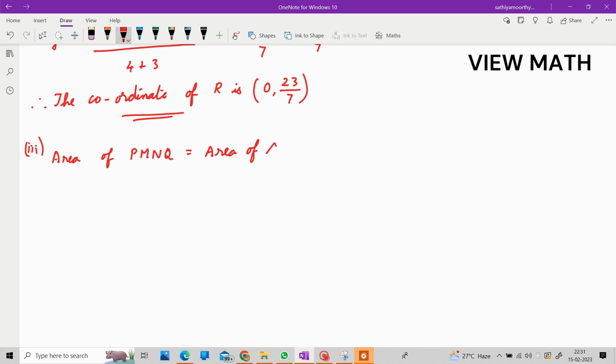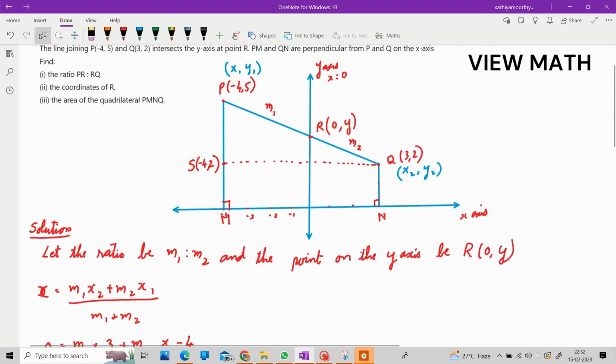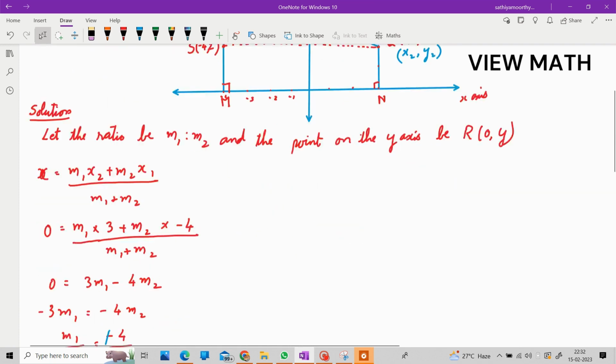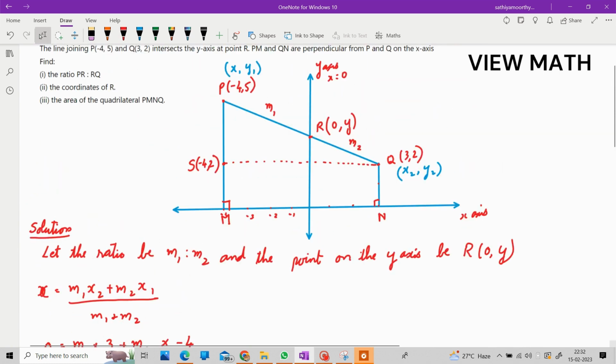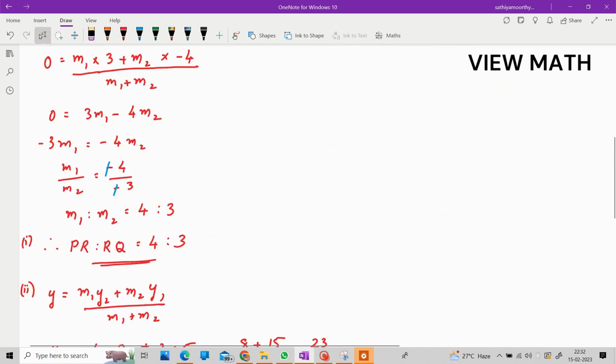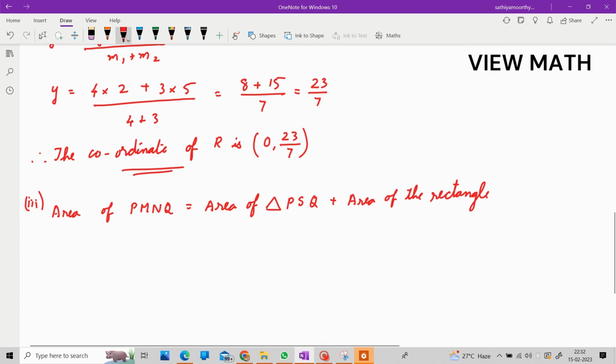Area of triangle PSQ, you can see the triangle here, plus area of the rectangle SMNQ.